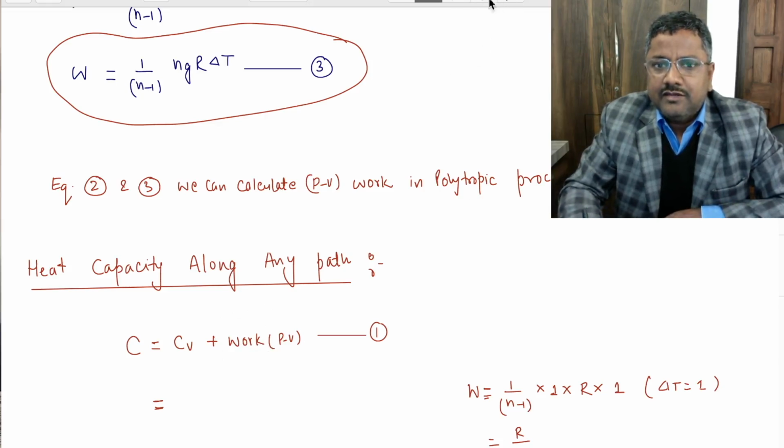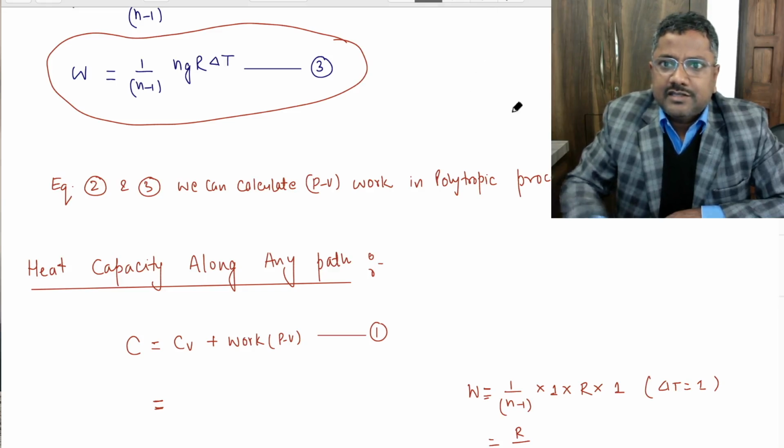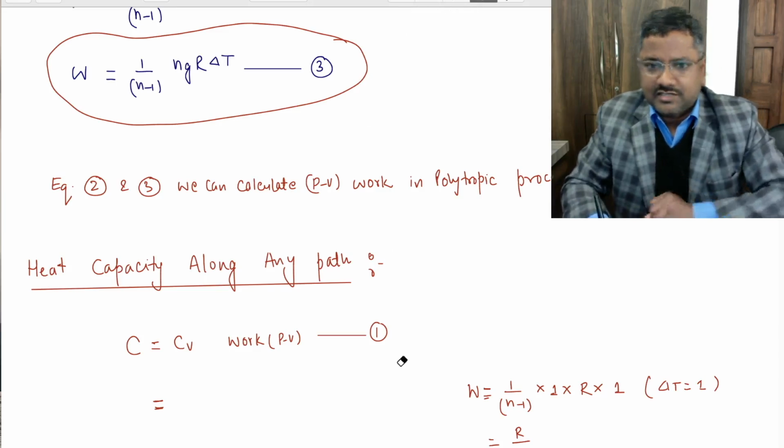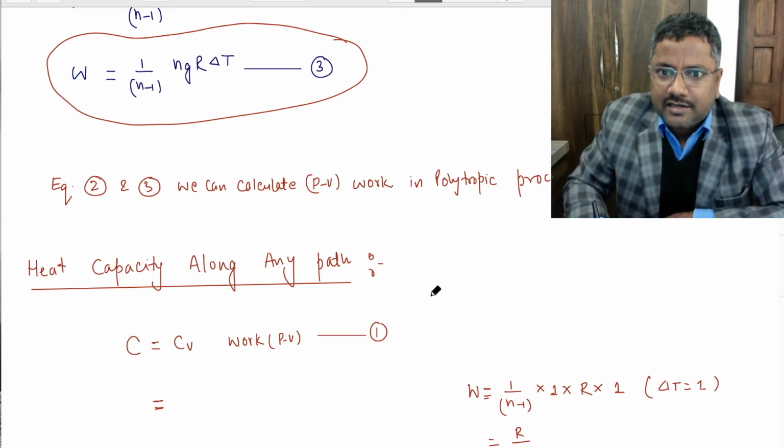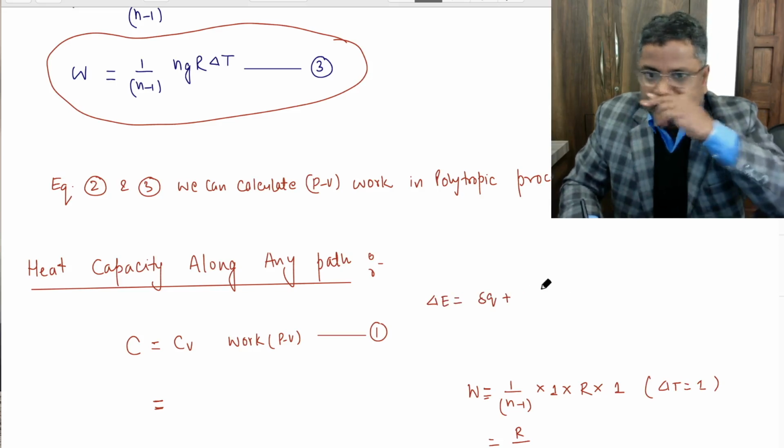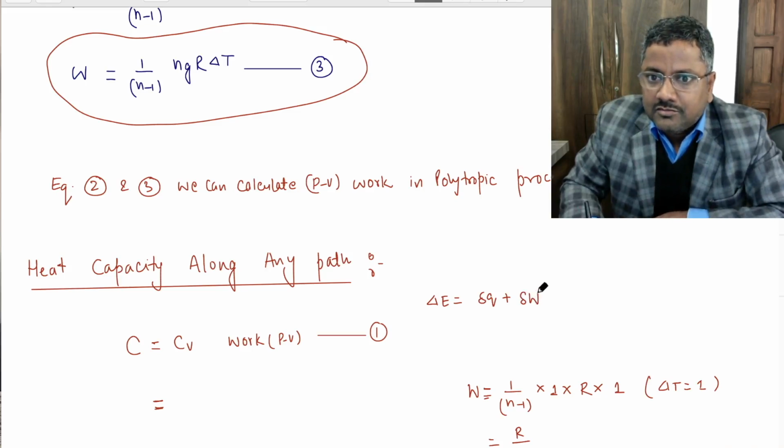So as we know, we are always taking this PV work with a minus sign here, not plus, because this formula I have taken from the first law of thermodynamics. So I can write here delta E is equal to delta Q plus delta W, right?